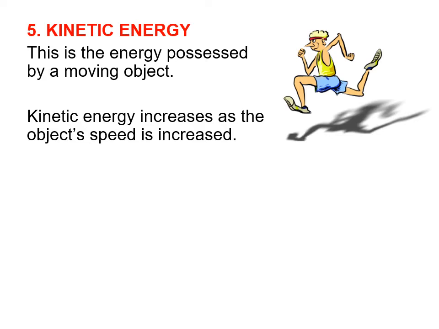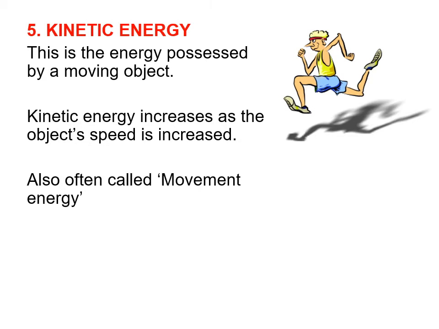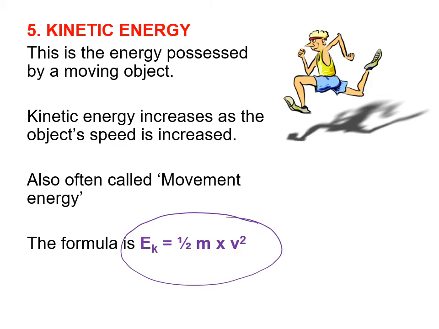As that runner begins to move faster, he will have higher kinetic energy. So it's also called the energy of moving. And that is the equation you have to start becoming familiar with: EK, or kinetic energy, equals half mv squared.